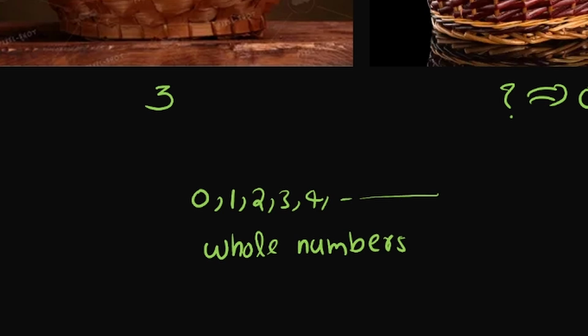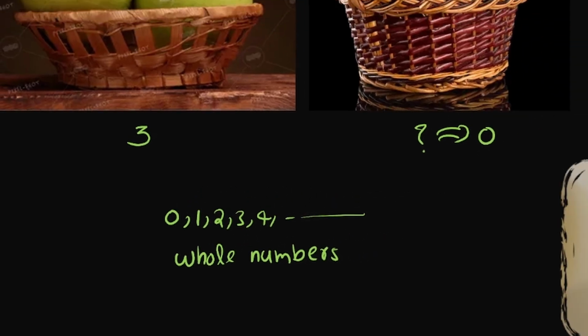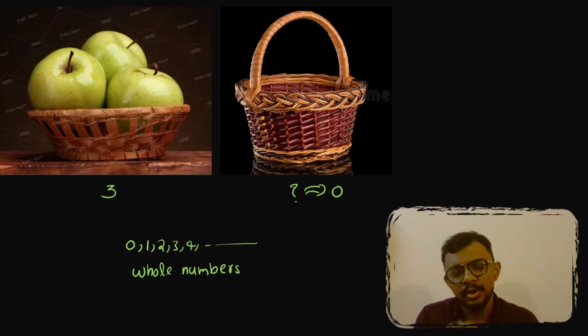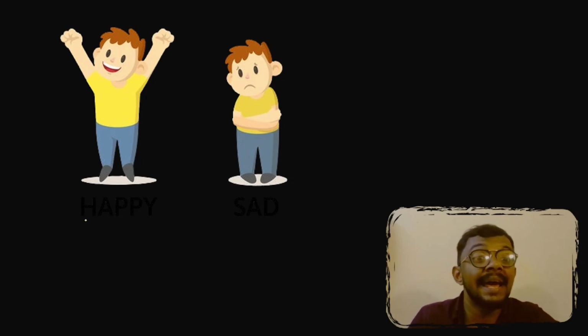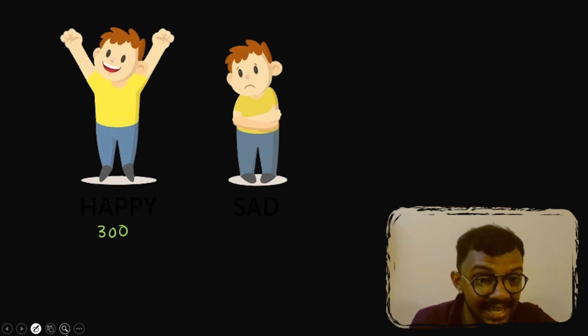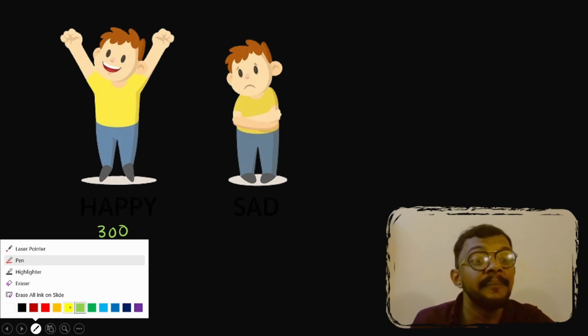It's called whole numbers. Now what? Are whole numbers enough? Do you think whole numbers are enough for our daily life? Not exactly. There is a situation, and the situation is: one day I got 300 rupees. I was really happy.